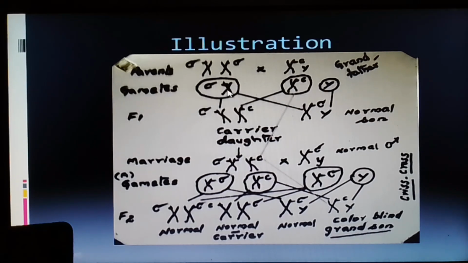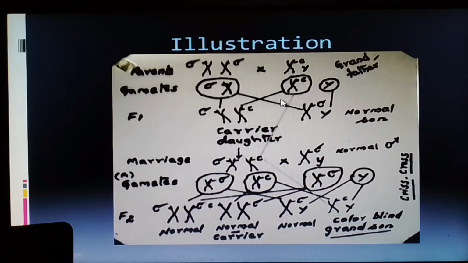So one of the X will get into the gamete, and because both the X chromosomes carry the capital C dominant gene, any X will have the capital C. But there will be two types of gametes in the case of the male because of the Y. The Y along with autosomes forms one type of gamete, 50%. And the X with the small c gene, that is the color blind gene, will be produced 50%.